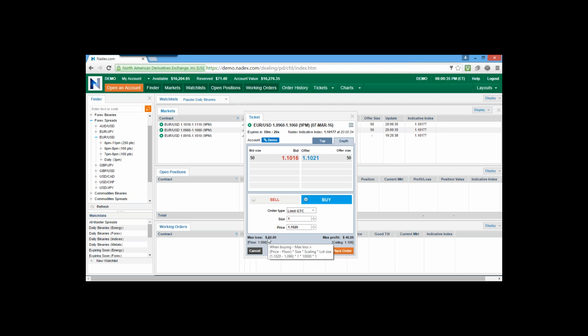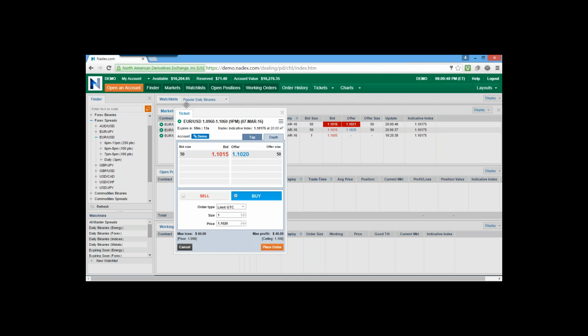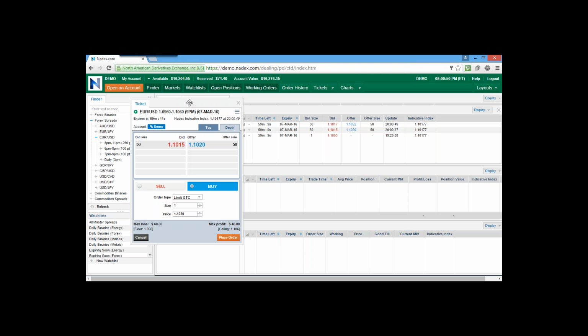Now, if you're used to trading binaries and you see max loss 60 bucks, you have in your head that 1 or 2 ticks difference means you make or lose that 60 bucks, right? But that's not what it means with the spread, does it? $60 is just the amount that you have to put up in margin to enter that trade.